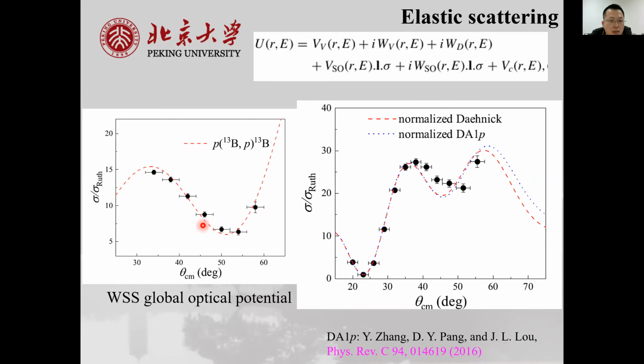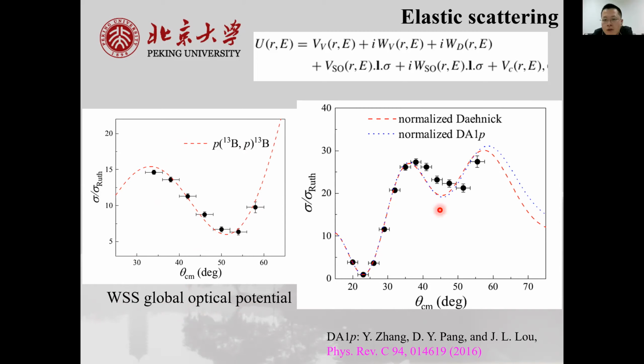For the proton elastic scattering, we use optical potential to describe the interaction between the light particles and the boron 13. For proton, we choose the global optical potential. We adjust the depth of this potential to better describe our experimental data.